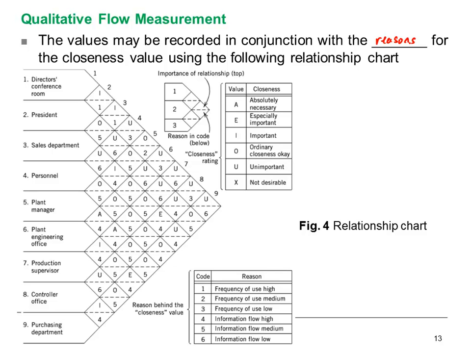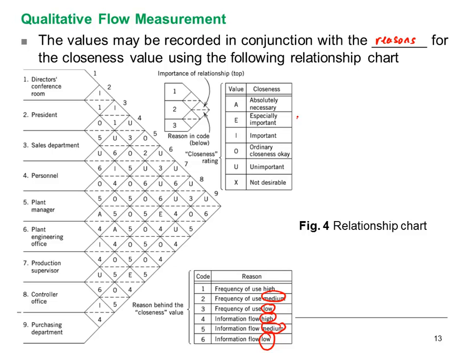So 1 means that the frequency of use is high, 2 means medium, and 3 frequency of use low. Then we have 4, 5, and 6, which is in terms of the information flow within the departments. So 4 is information flow is high, 5 information flow is medium, and 6 information flow is low.